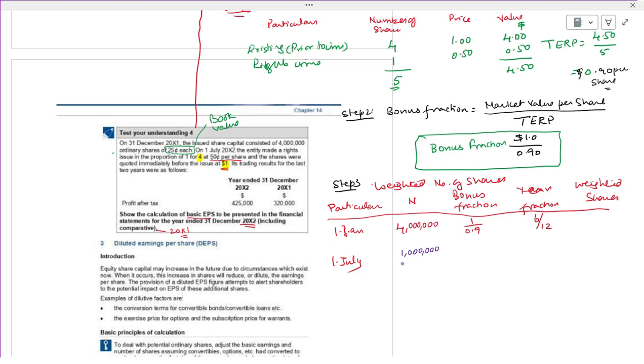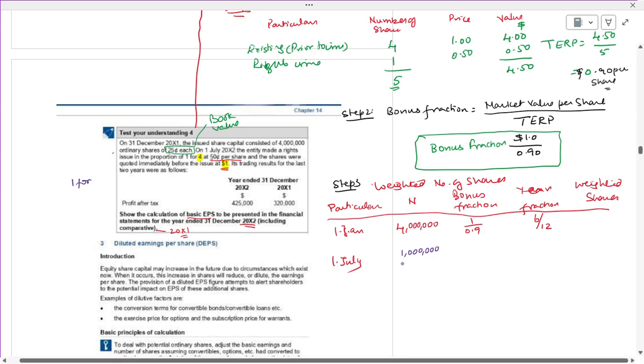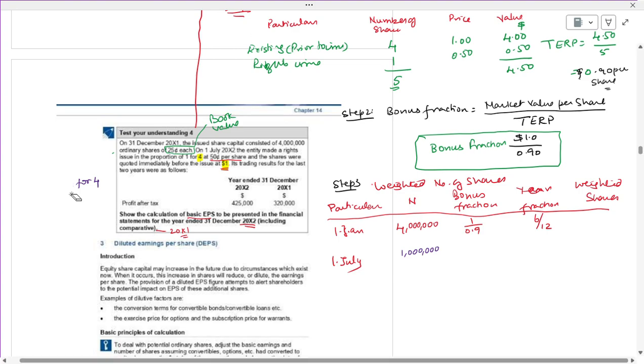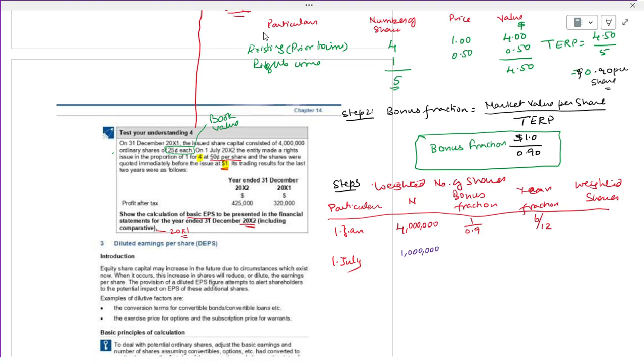Issue at 1 for 4. Is it 1 for 4? If you have 4 shares, you will get 1. If you have 4 million shares, how many shares will you get? 1 million.